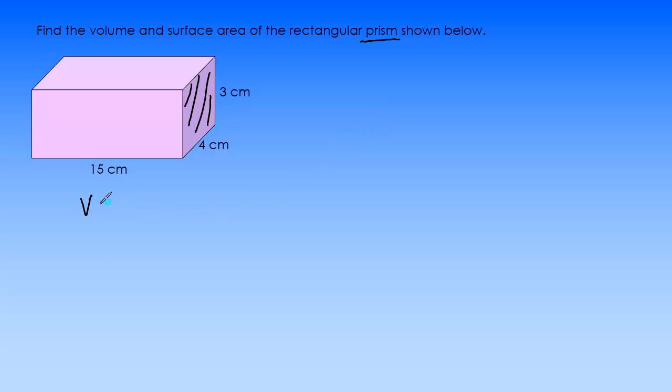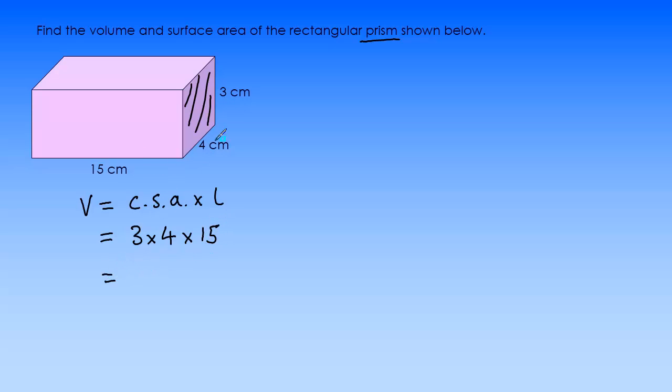Now the volume for a prism is always the cross-sectional area multiplied by the length, and if we've chosen the 3 by 4 to be the cross-section, then the cross-sectional area is 3 times 4, and then we multiply it by the 15.